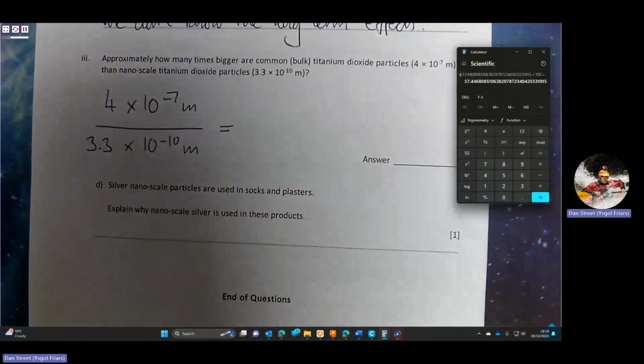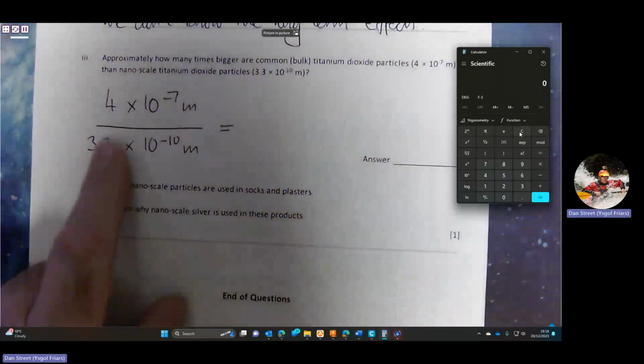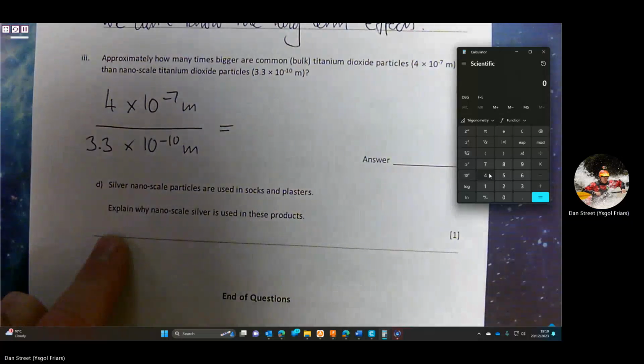So if we put that into our calculator, let's get rid of that previous calculation. We've got 4 times 10 to the power minus 7, divided by 3.3 times 10 to the power minus 10.